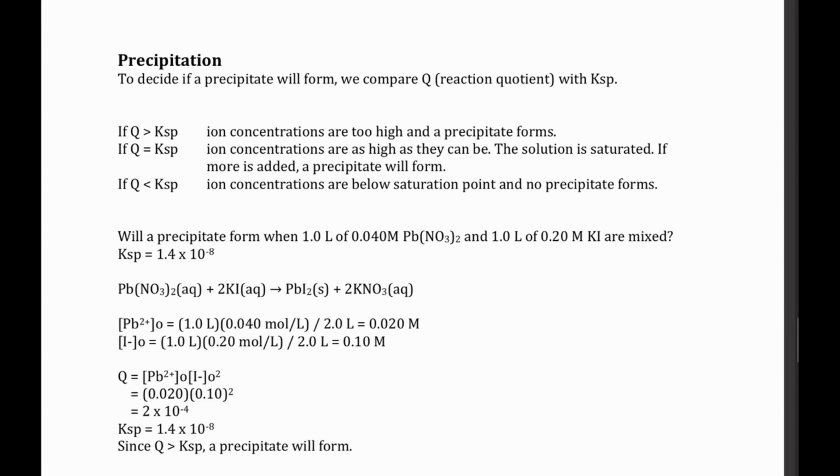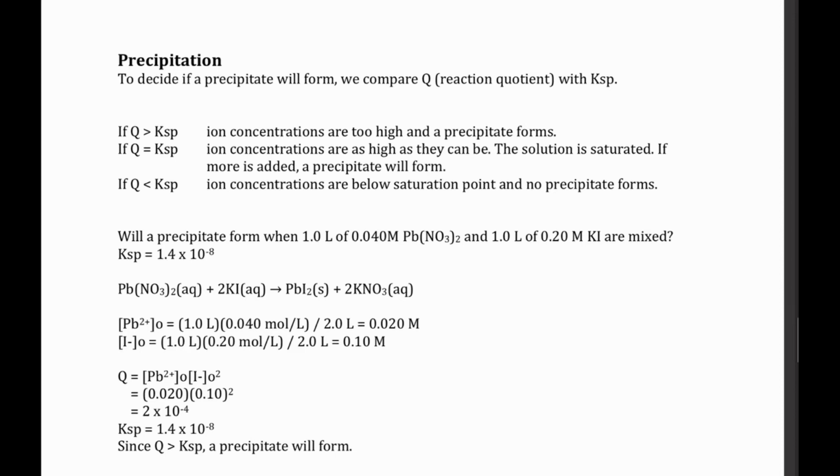So go to the reaction with lead nitrate and potassium iodide that's about halfway down this page. So Pb(NO3)2 aqueous plus 2KI aqueous, forming PbI2 solid plus 2KNO3 aqueous.